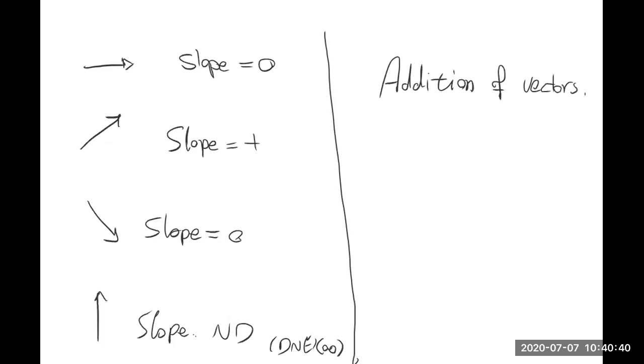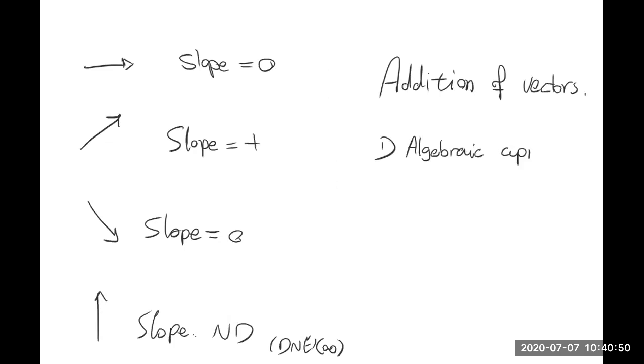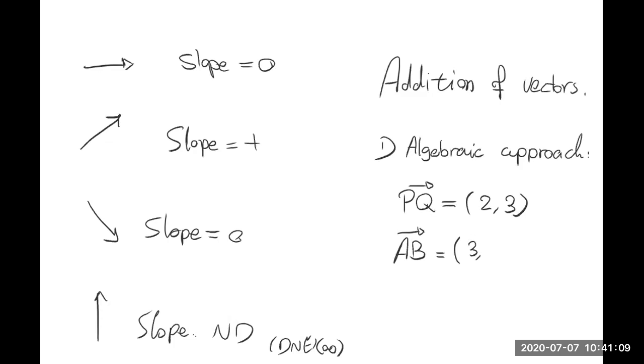There are two approaches here. One approach is the algebraic approach. What does this mean? It means if you have two vectors, let's say we have a vector PQ, which has some coordinates, say 2 and 3, and another vector AB, which has some coordinates, let's say 3 and 5.